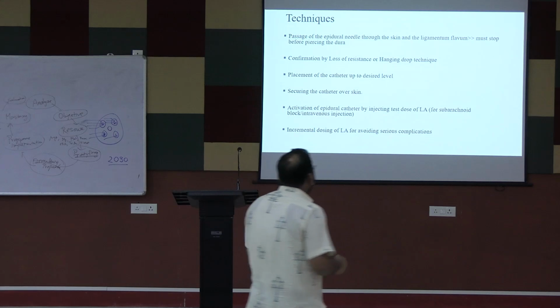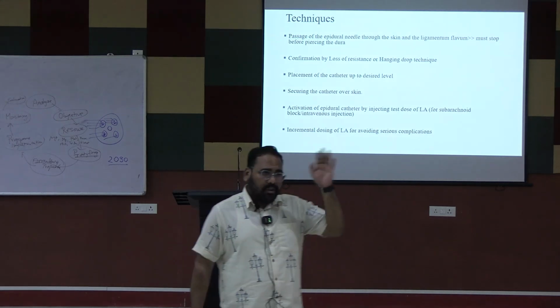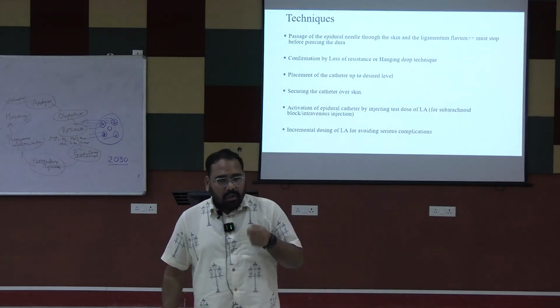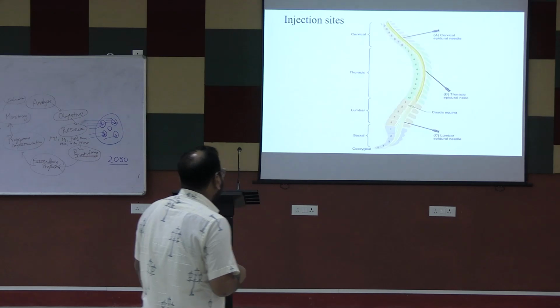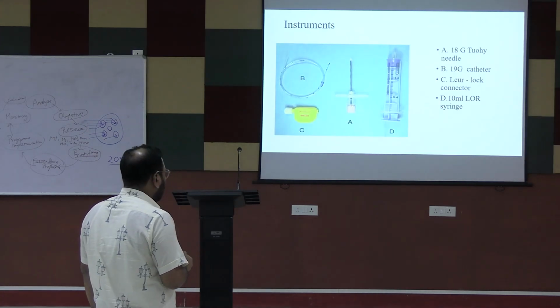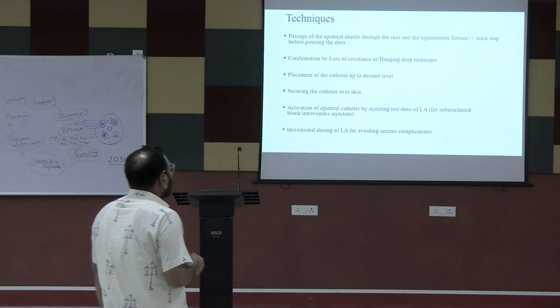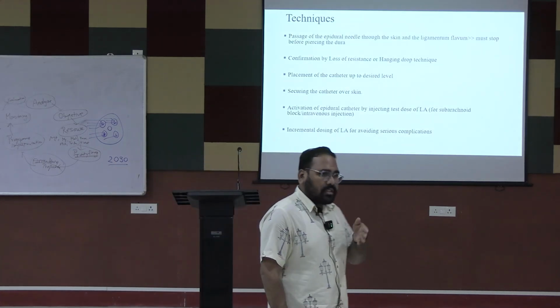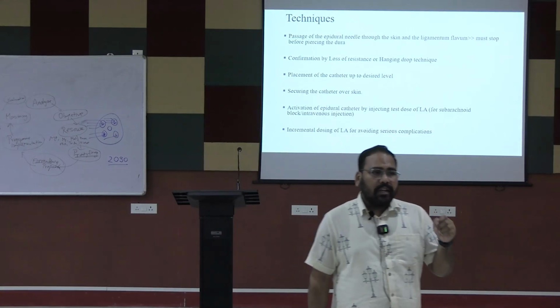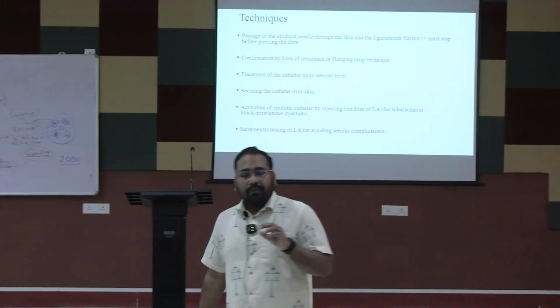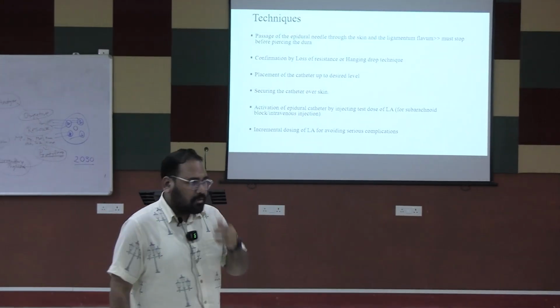First, we need to pass the epidural needle through the skin, after all the preparations, with that syringe and this needle that I showed you. You need to pass that epidural needle through the skin and get inside the epidural space. And how will you understand you have gone inside the epidural space?